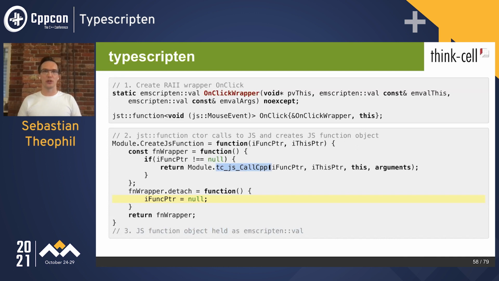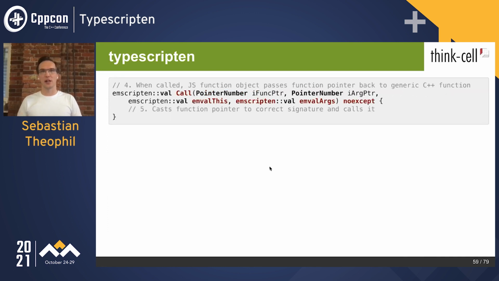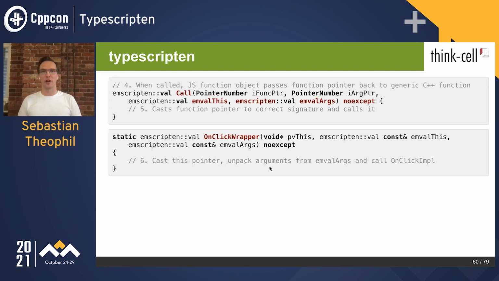Okay, so now what happens when that JavaScript function object is called and we call back into the C++ world? Well, there's a single entry point, a single call function that gets called, and it has one single task. Its only task is to cast the function pointer to the correct C++ signature and call it. And when we've done that, we are back in our generated onClick wrapper. That wrapper function has one other task.